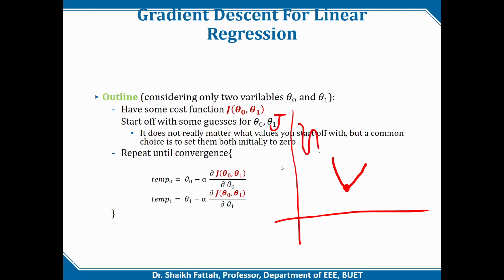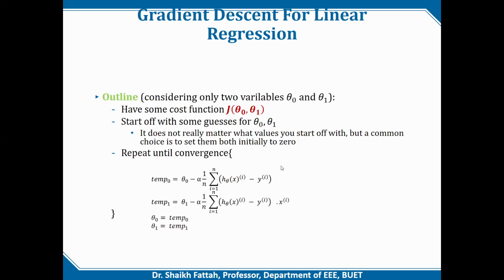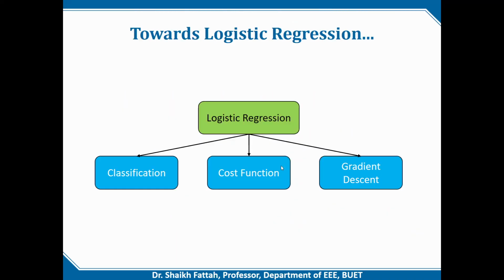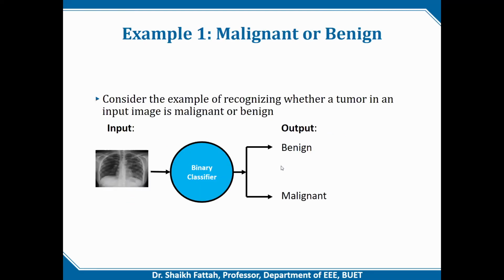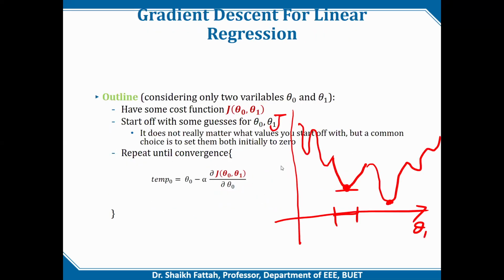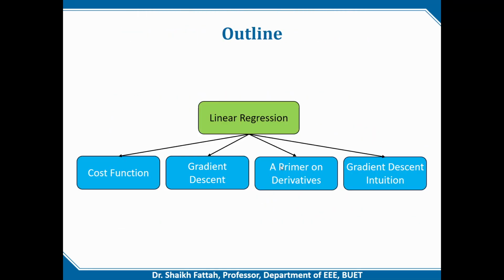If your solution has a pattern like this, then if you vary your theta 1 from here to here, you will get a minimum, but which is not the global minimum. It's a local minimum. That's a big problem of gradient descent. So in that case, there is a chance of getting the local minimum instead of the global minimum. This is one problem of gradient descent.